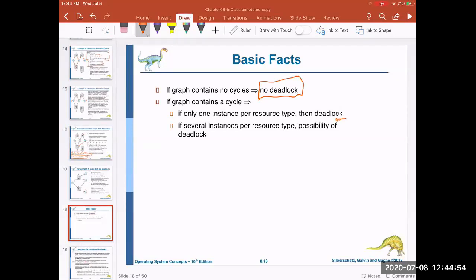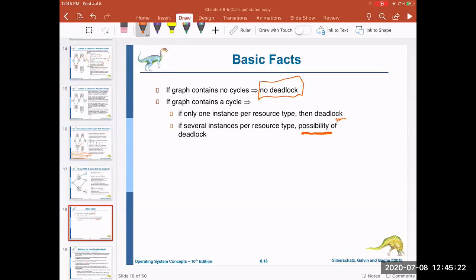If it has several instances per resource, then there is a possibility of deadlock. So if a cycle is there and each resource has one instance, for sure deadlock is there. If there are more than one instances for the resources, it may be possible that deadlock can happen. We have to test it.